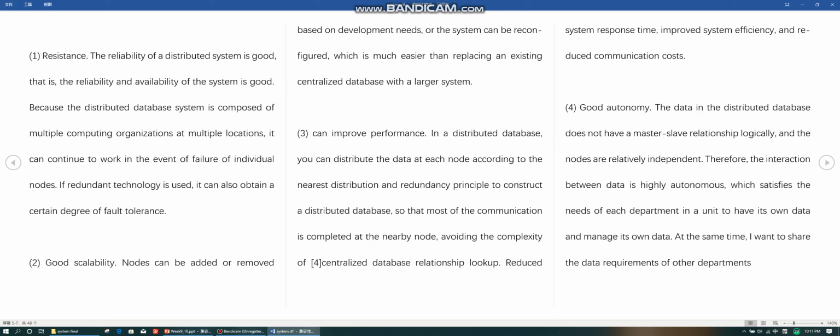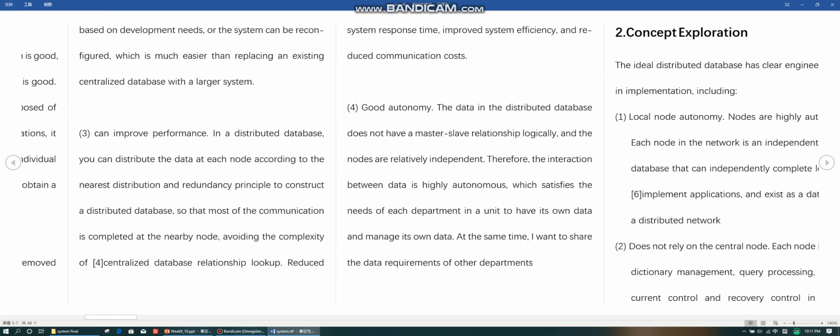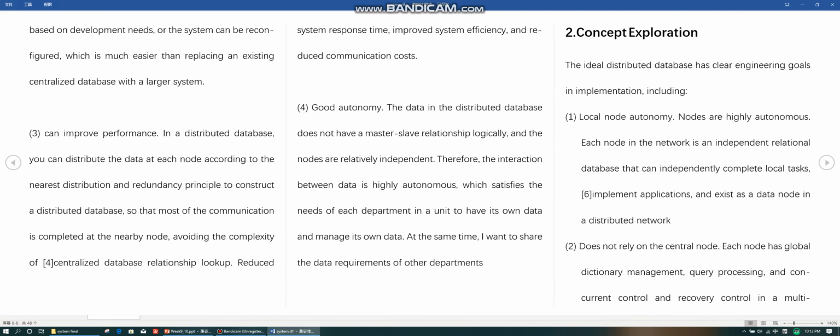At the same time, it wants to share data based on the requirements of other departments and department development needs. So the system can be distributed and it can work autonomously.